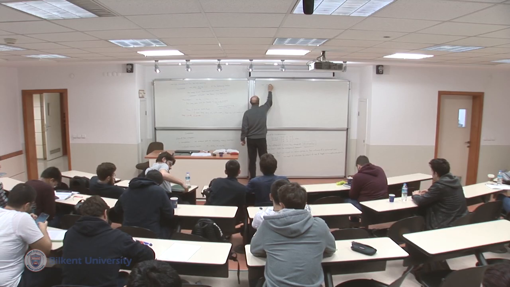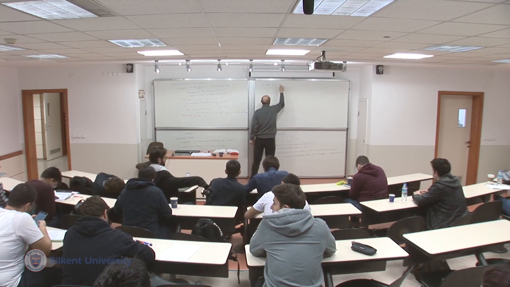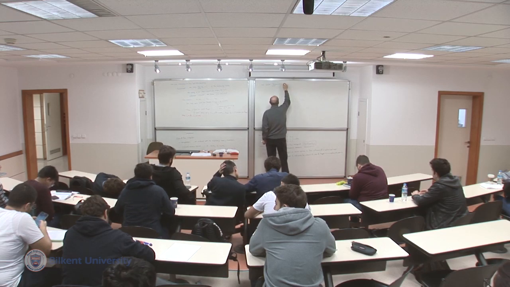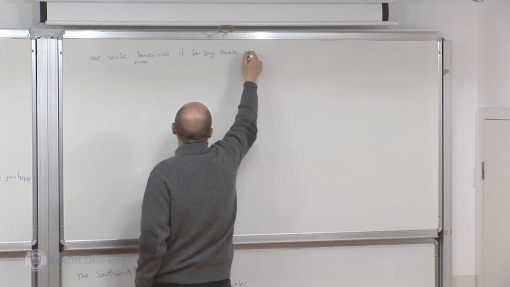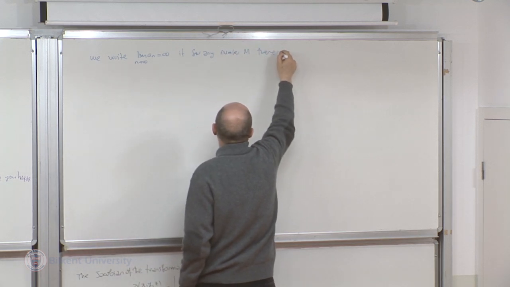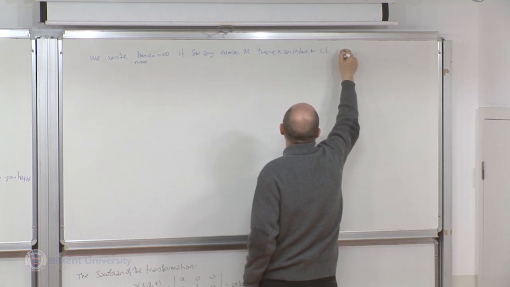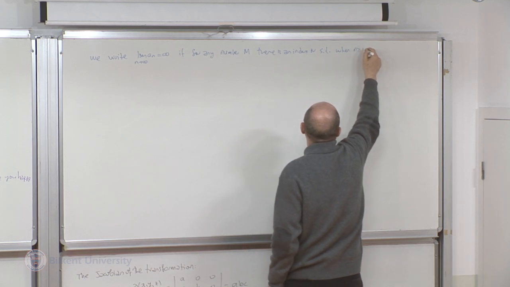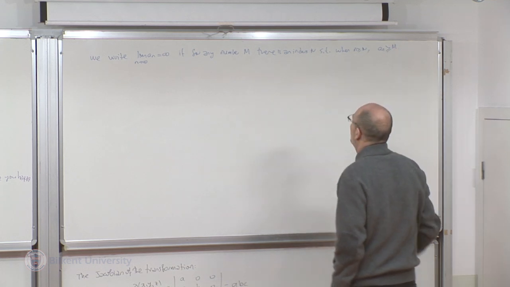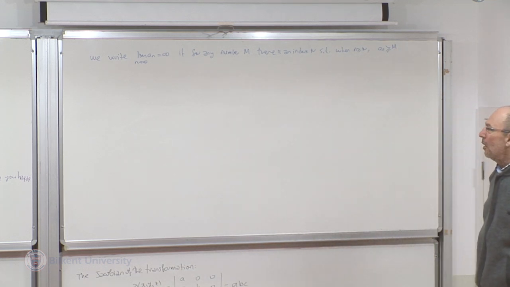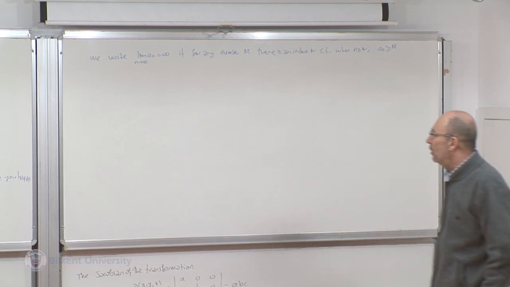So, limit a_n as n goes to infinity is equal to infinity or minus infinity if for any number M there is an index N such that when n is larger than that index, a_n is larger than M, or larger than or equal to M. So this means that the sequence is unbounded. It goes to infinity.